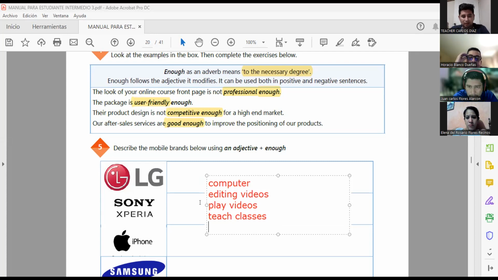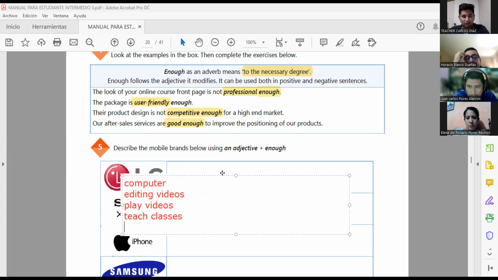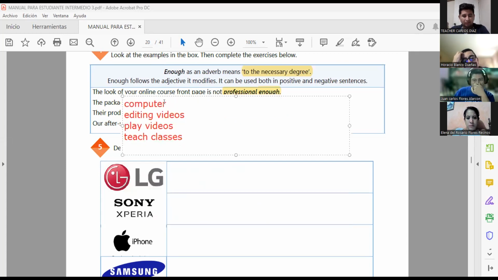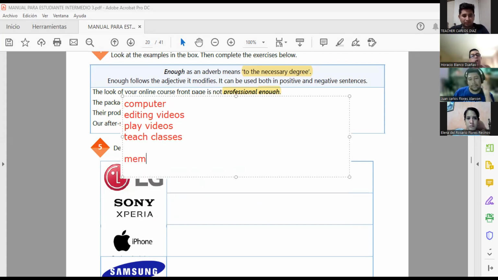It depends. I choose the computer if it has enough memory, for example, enough RAM, for example, RAM or ROM.